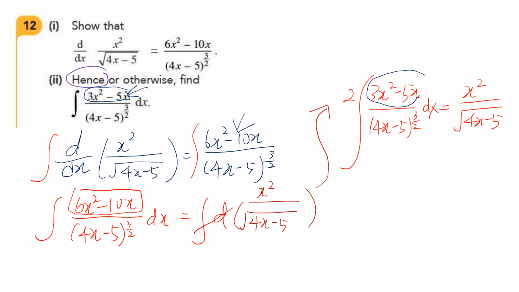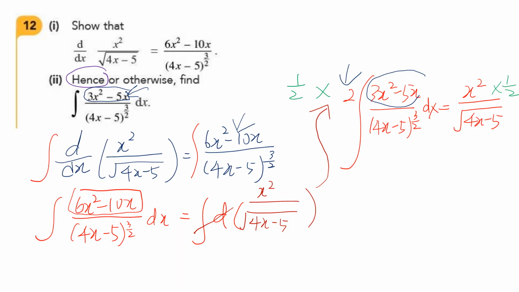Okay, then I need to get rid of my 2, right? So how do you get rid of the 2? You can divide by 2 on both sides. But instead of dividing by 2 on both sides, it's the same as times half, because 2 times half gives you 1. So I times half on both sides. Dividing by 2 is the same as times half. Okay?